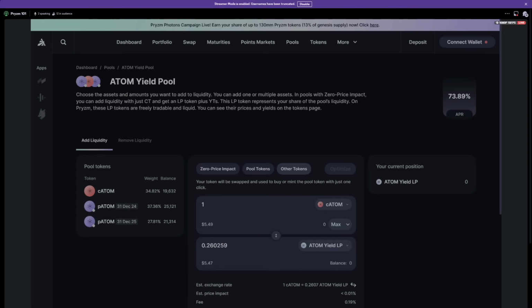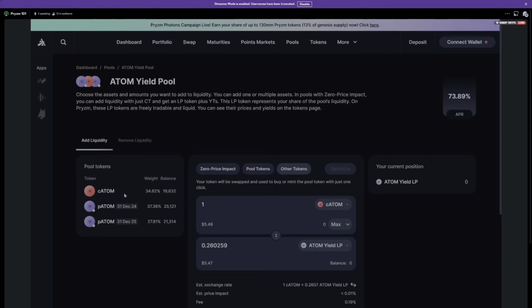Basically any token in DeFi is backed or unbacked by other assets, or it's just a token in itself. And a liquidity provider token is no different. I think just because of the way a lot of DeFi projects present it, people maybe misunderstand what they are, but it's basically just saying you own a share of a liquidity pool, and this is the assets that the liquidity pool contains.